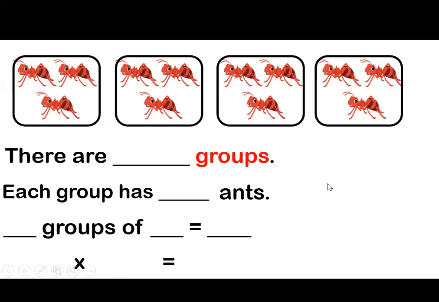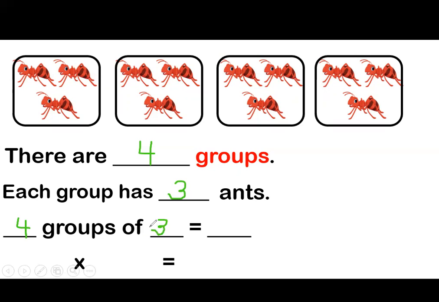Now I will call on Bam. Bam, how many groups are there? Okay, so there are 4 groups. Each group has how many ants? Each group has 3 ants. How many groups again? 4 groups of 3, very good.